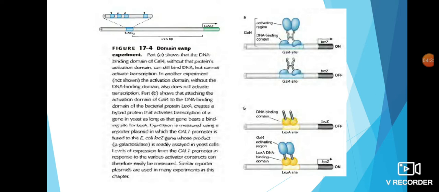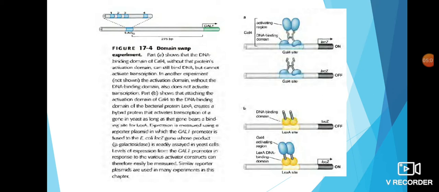Now comes what is called the domain swapping assay. You need to construct another DNA binding domain hybrid protein, that is LexA, the bacterial LexA protein DNA binding domain, and that is fused with the GAL4 activation domain. Repeat: LexA DNA binding domain, activation domain from GAL4. So this is a hybrid, which is yellow and sky blue in color.